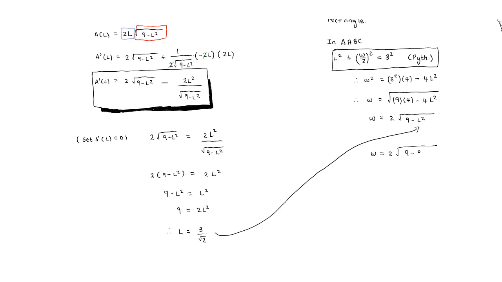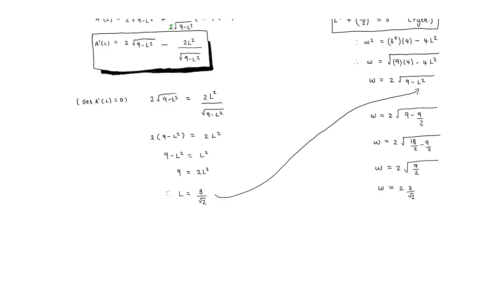Then we will have W equals 2 times the square root of 18 over 2 minus 9 over 2. Then we have W equals 2 times the square root of 9 over 2, which simplifies to W equals 2 times 3 over root 2. So this is then the dimension for L, and this is the dimension for W.